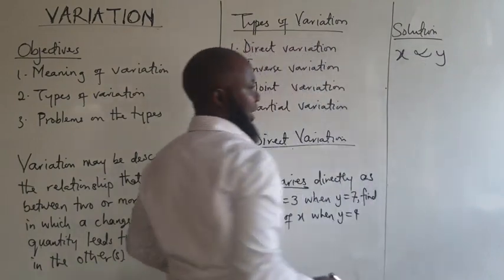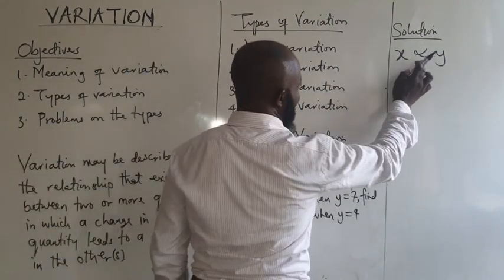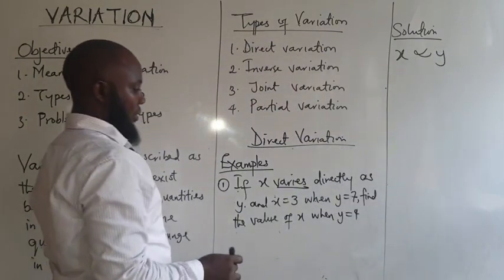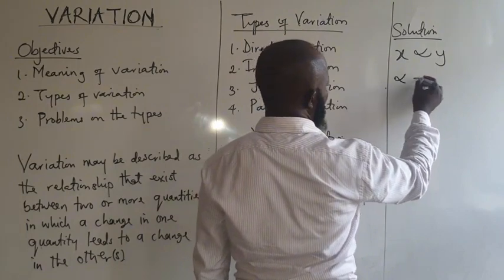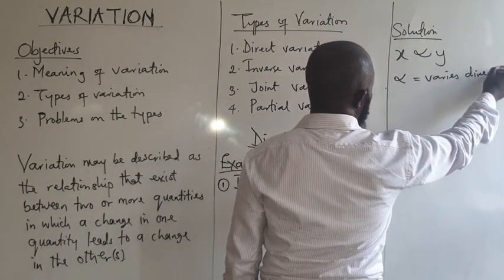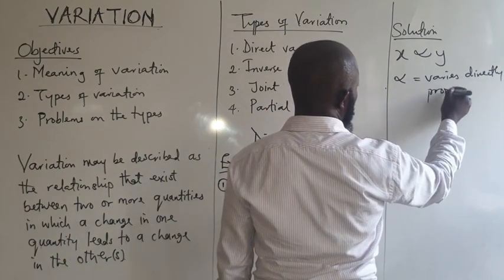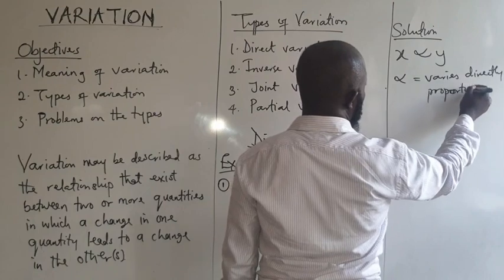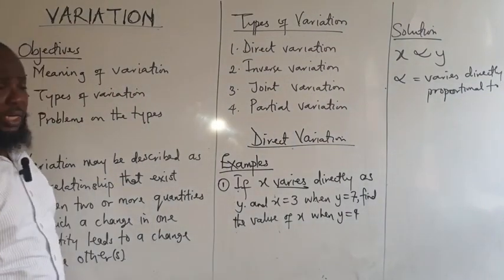That is the interpretation. x varies directly as y. Is that clear? This symbol means varies directly or proportional to.